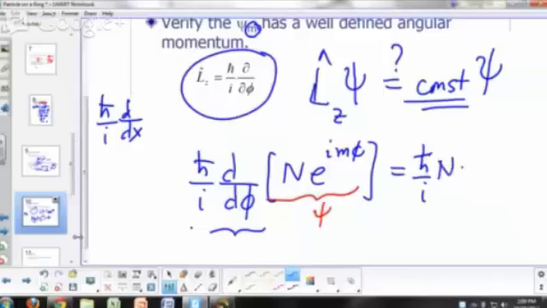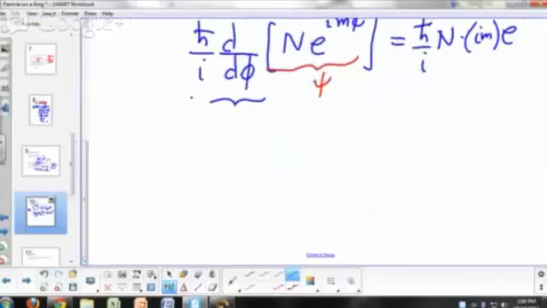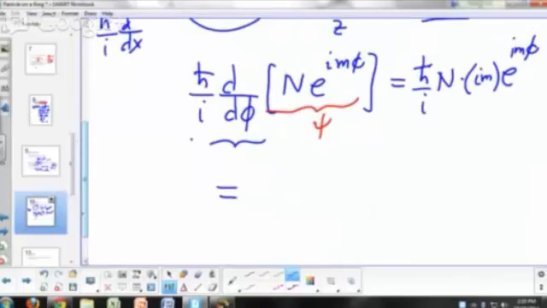I can factor out the N. That gives me i m e to the i m phi. Let's simplify that. i over i will cancel. So what do you get? m h bar times N e to the i m phi.